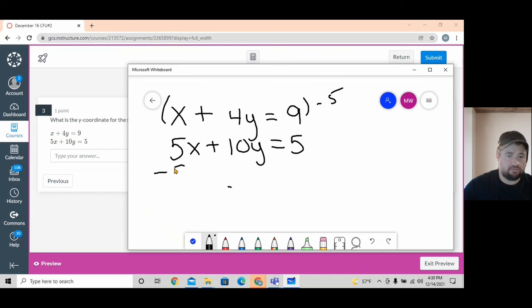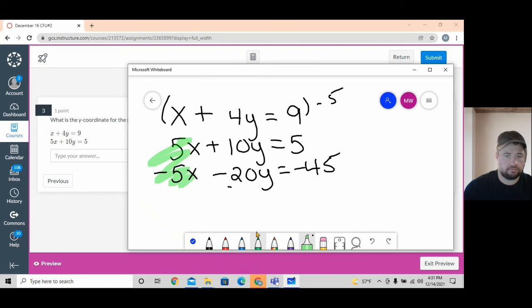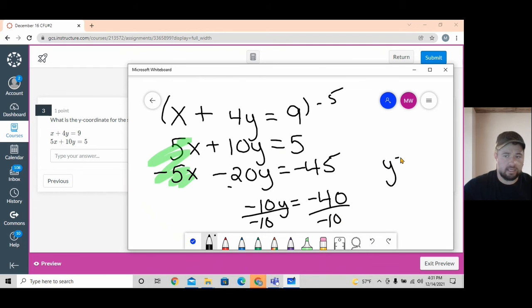And that's going to give me negative 5x minus 20y equals negative 45. And you'll see my x's will cancel. And I'll be left with negative 10y equals negative 40. Divide by negative 10, divide by negative 10, y equals 4.